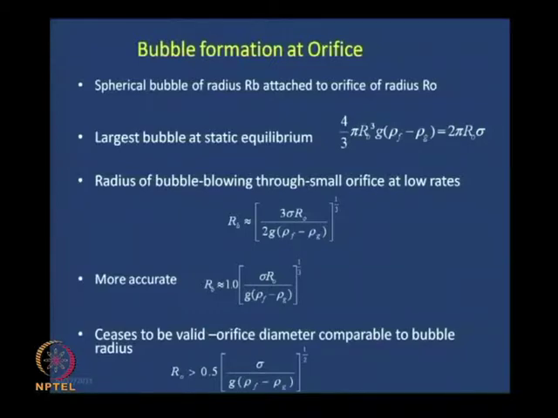Now, for this particular case we assume that spherical bubbles of radius r b are attached to the orifice of radius r 0. So, it will be attached for a finite interval of time till the neck detaches and the bubble is dislodged, it rises up. Now, from force balance what do we get?